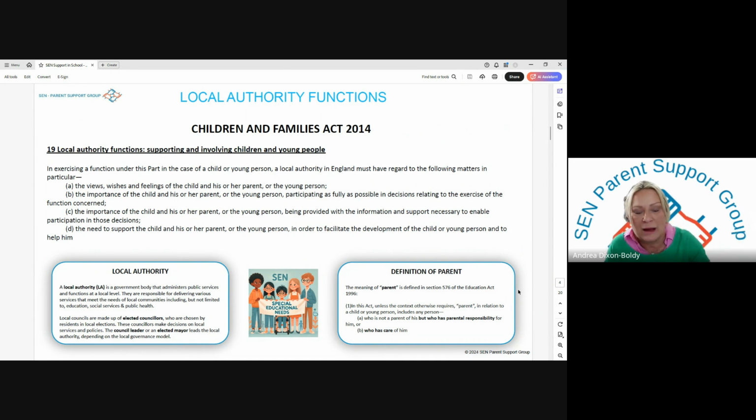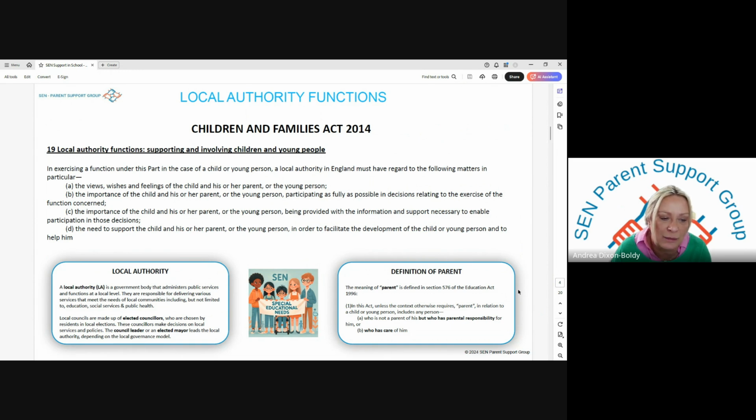Now, without reading those out, the local authority is a government body that administers public services and functions at a local level. You are a service user. They are responsible for delivering various services that meet the needs of the local communities, including but not limited to education, social services and public health.